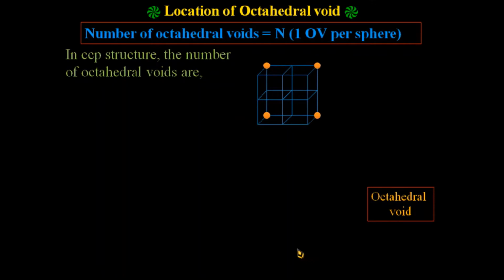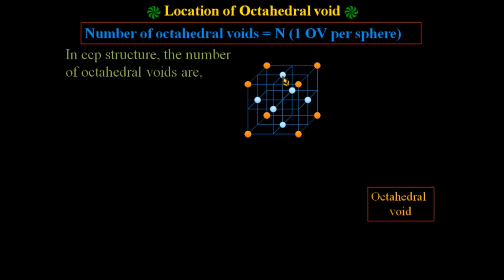Like this. The orange spheres are present at the corners of the cube, and the light blue ones are present at the center of each face. These are 6, and the spheres at the corners are 8, so that means 14 in total.